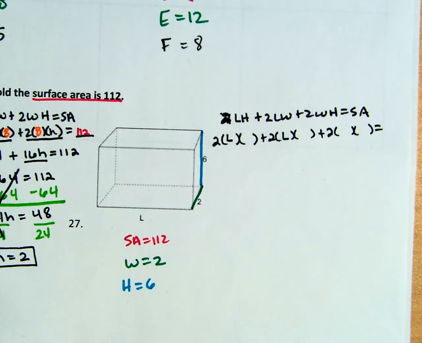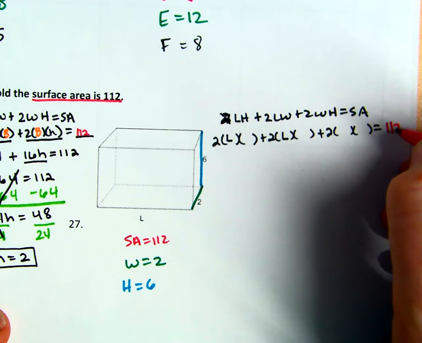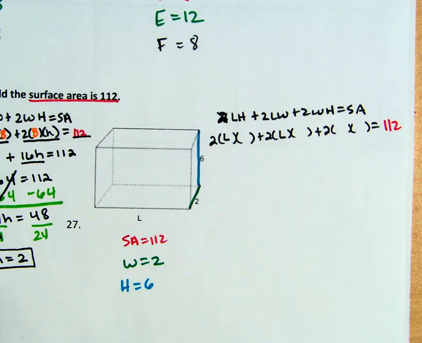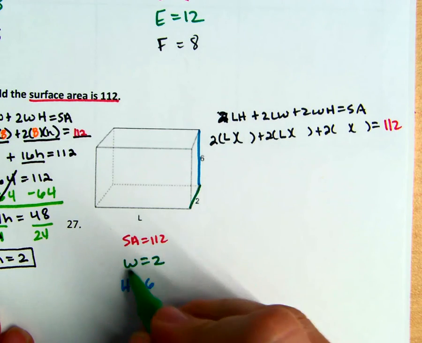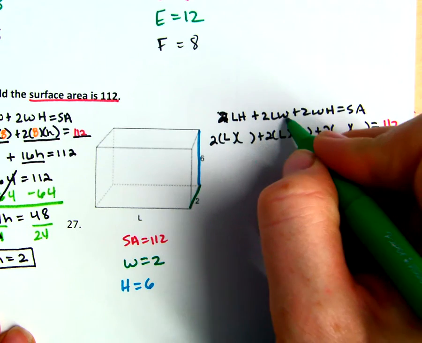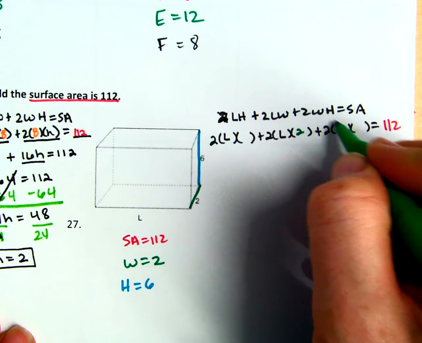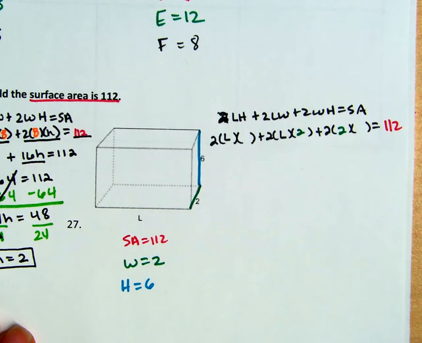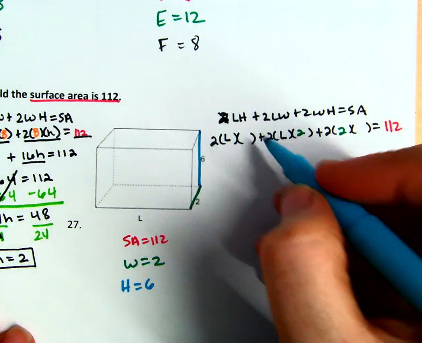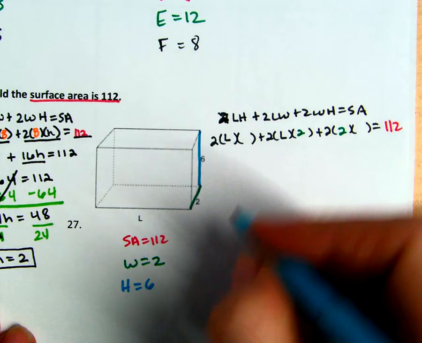I do know my W. Let me set it equal to 112 here, because my surface area is 112. My width is 2, so everywhere there's a W, I can replace it with 2. And everywhere there is a height, I can replace it with 6.